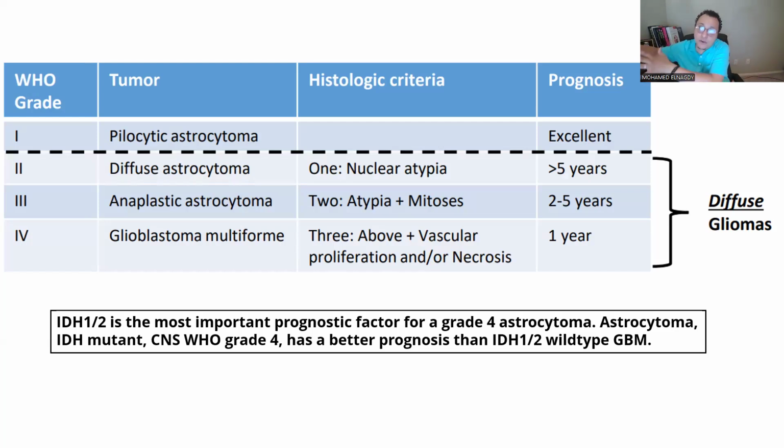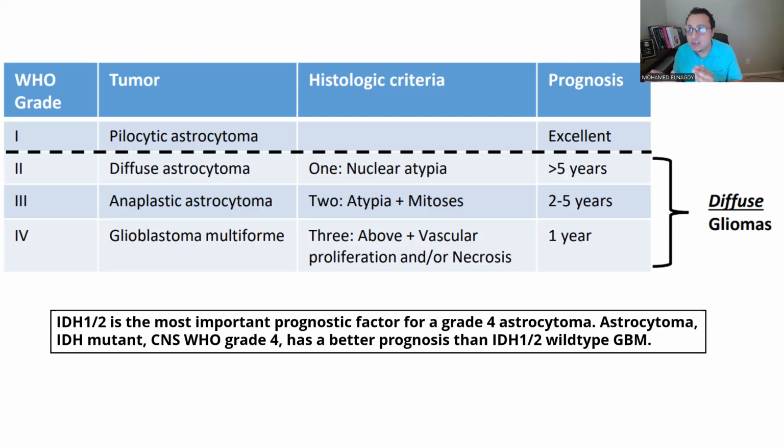There are some other glial neoplasms like ependymoma, oligodendroglioma, and some others. But the key thing, the two that look really potentially the same are the astrocytoma and glioblastoma. And now the differentiation between these two tumors is based on molecular.